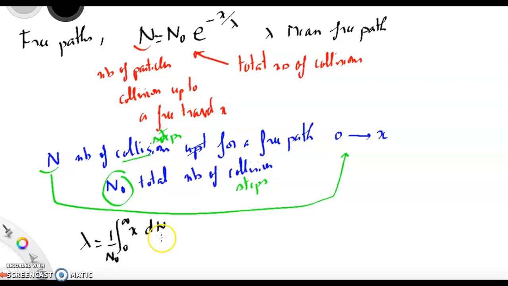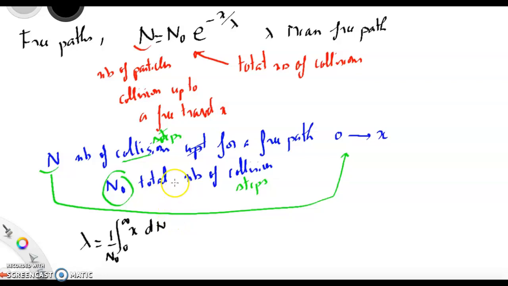So you've got a number of steps n0. Some of them have different lengths from 0 to infinity. The number is the step width times the number of particles that have step x, divided by the total number of steps. And keep that in mind, because that's something we're going to use later on.